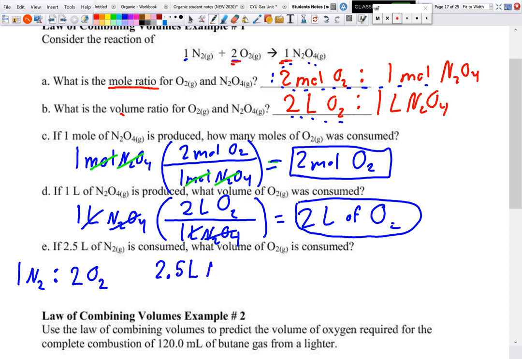Now, if we have 2.5 liters of N2, we are going to derive our conversion factor. So we want to cancel out our N2. So we have 1 N2 in the denominator, 2 O2 in the numerator.